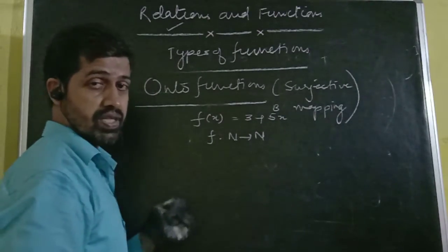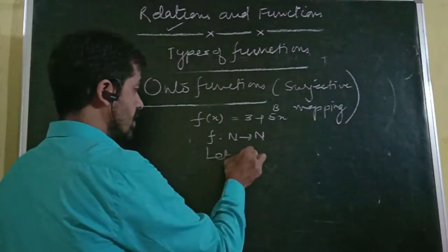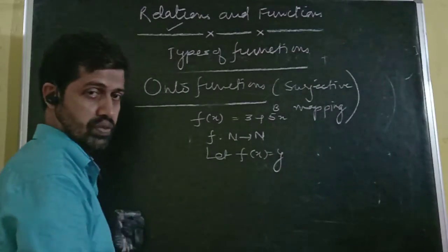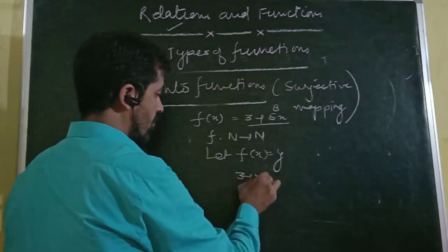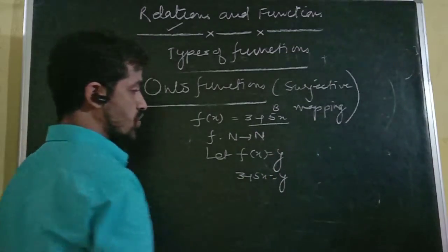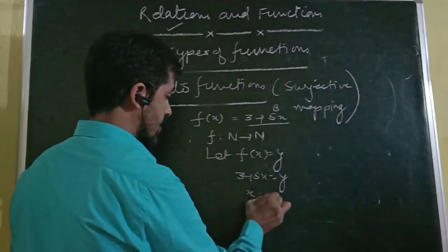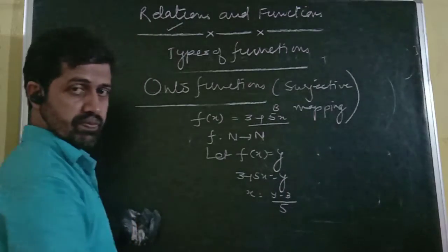For proving this, we assume that the image of x is equal to y, f of x equals y. Putting the value of f of x, 3 plus 5x equals y. Then we get x equals (y minus 3) upon 5.